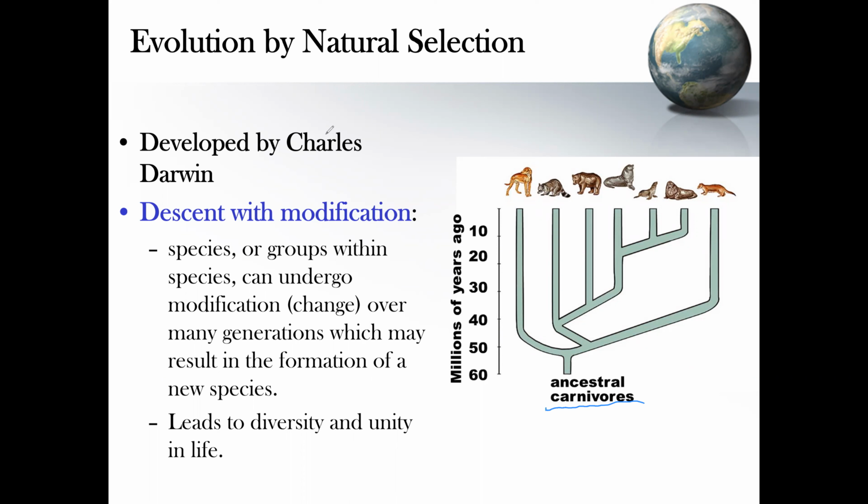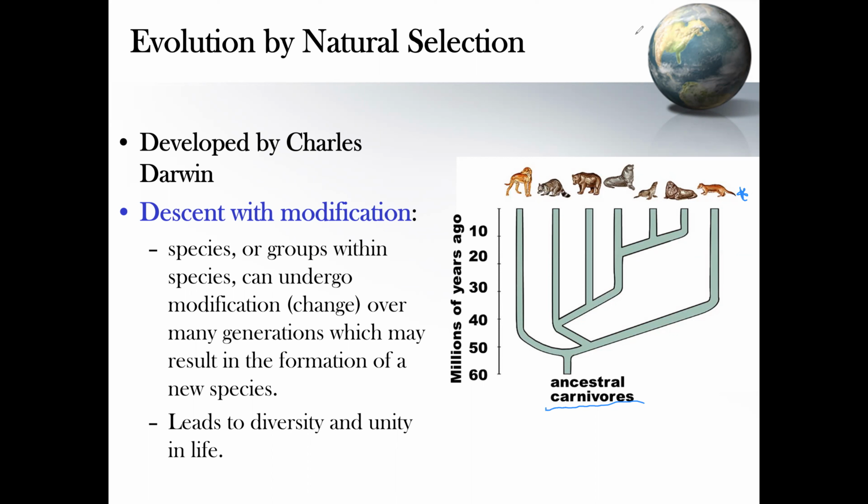So we had the ancestral carnivore, and over many, many millions of years, a variety of carnivores evolved. So you can see here, we go from having one type of carnivore to having 7. Now, a process like this, descent with modification, like I said, takes many millions of years. But this is how new species are formed.